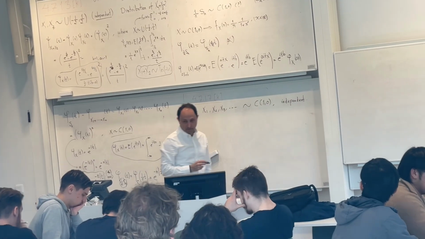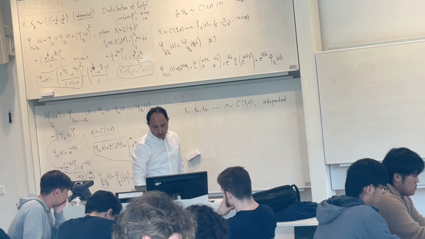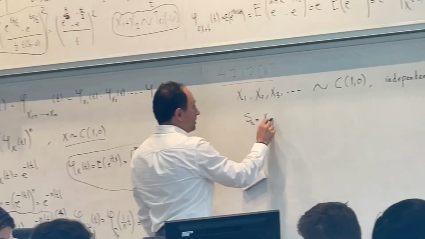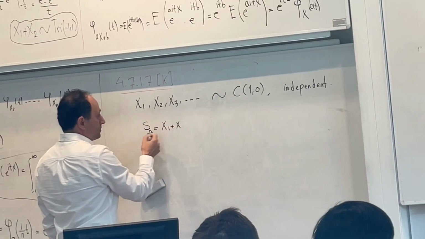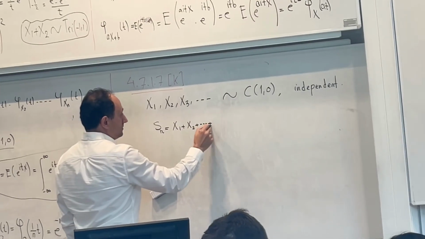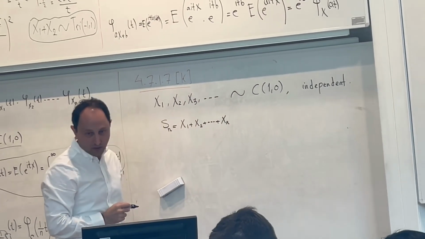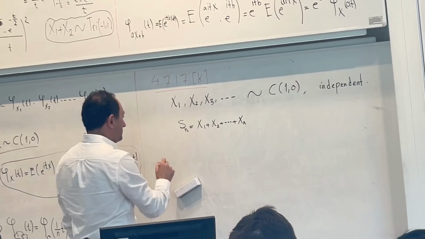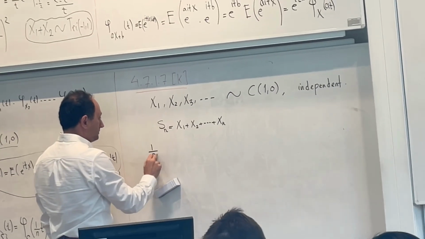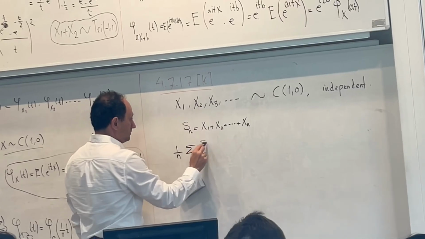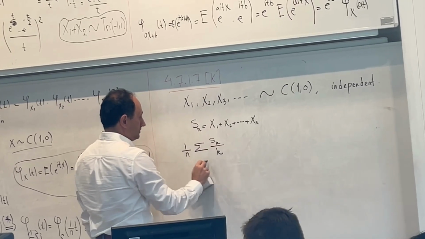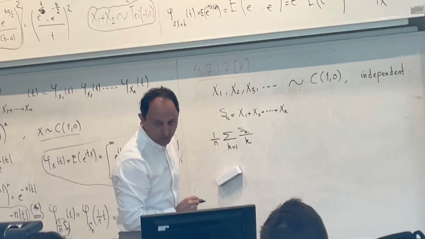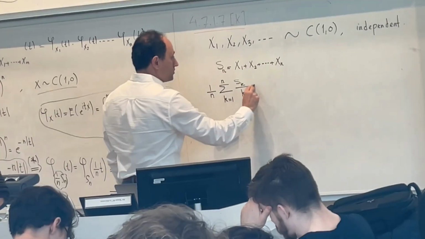And then they have defined again Sn for any n to be the sum of the first n terms. This is the partial sum. And then we want to show that this new random variable, Sn over n, is also Cauchy.